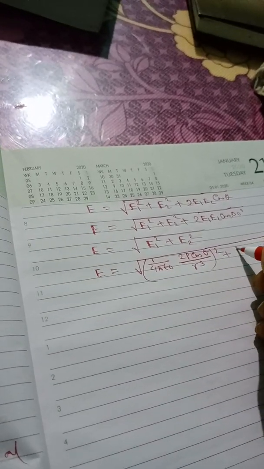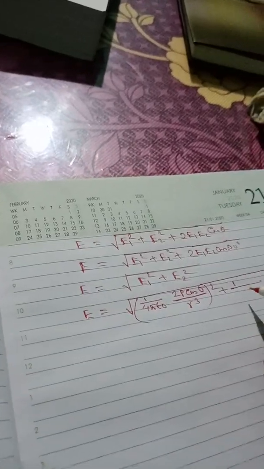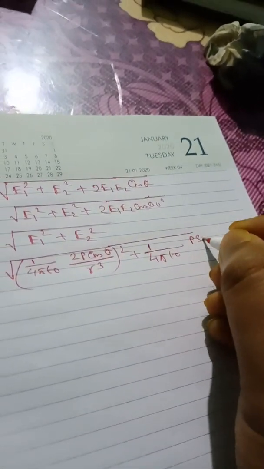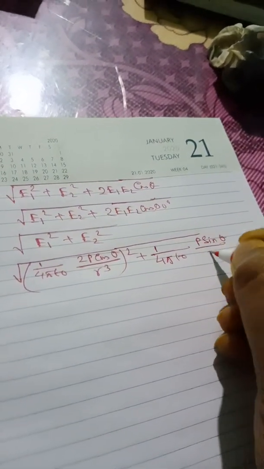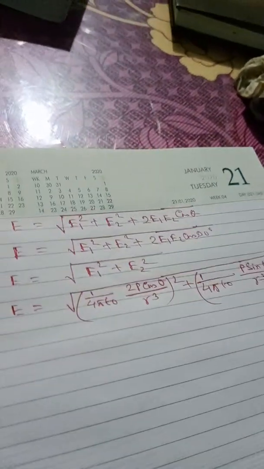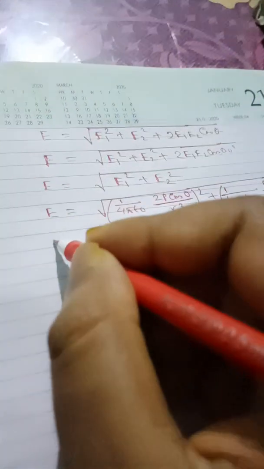Plus E2 squared, where you put the value 1 by 4 pi epsilon naught times p sin theta by R cube, and then square it. So we have E1 squared plus E2 squared.